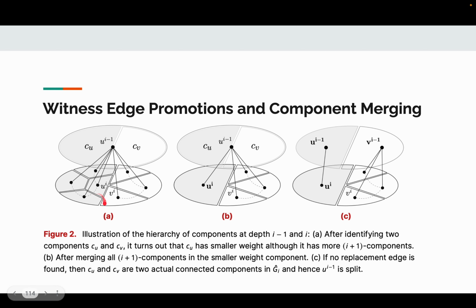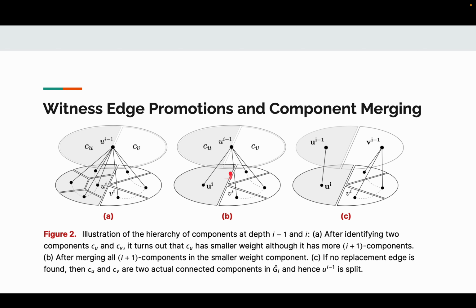So let's see these examples. After identifying two components CU and CV, that's just a partition of U_{i-1}. Then we will merge, and we assume that CU has the lighter weight, which means it has fewer vertices.